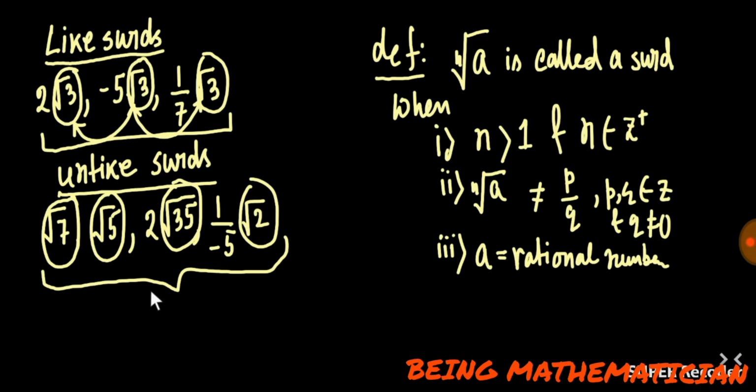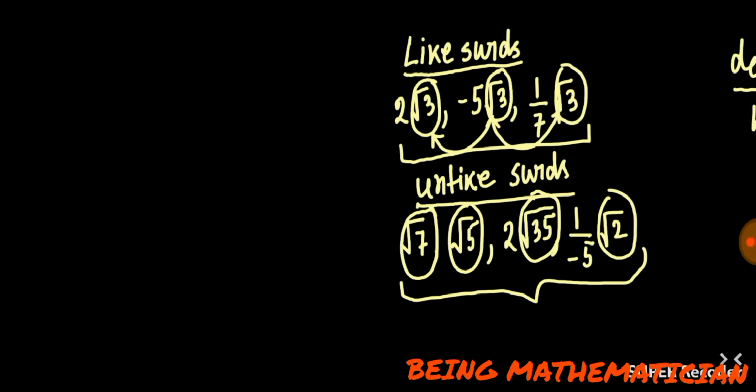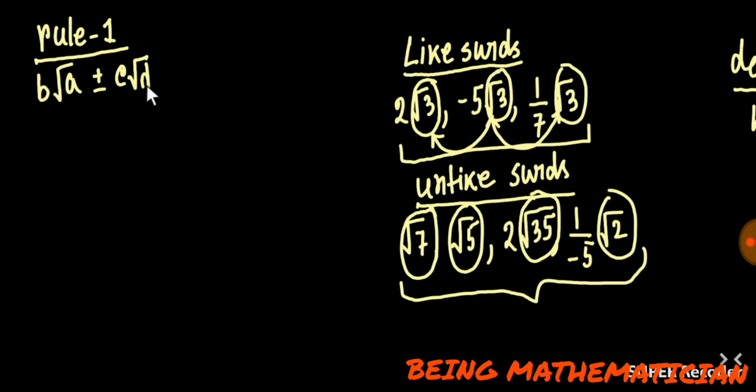Now, let's see the operations on surds. Rule number 1. b root a plus minus c root d is equal to b root a plus minus c root d.